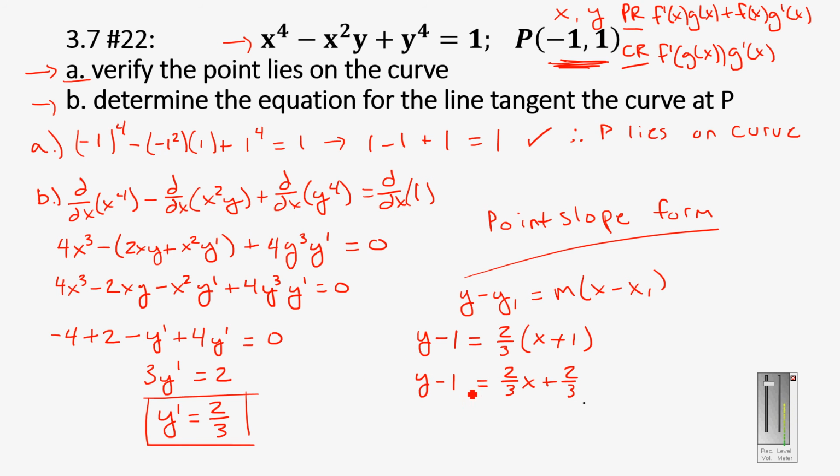If I want to get rid of this minus 1, I need to add 1 to each side. So I'm going to get y equals 2/3 x, and adding 1 to 2/3 is like adding 3/3, so I'll call that plus 5/3. Plus 5/3. There's your equation. That's step B. Done.